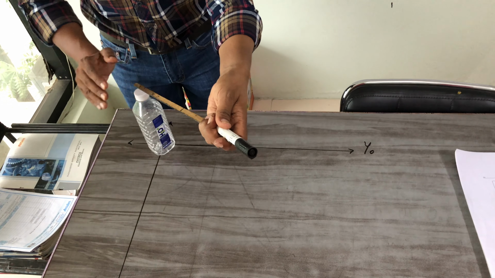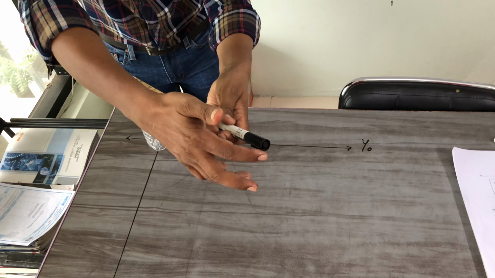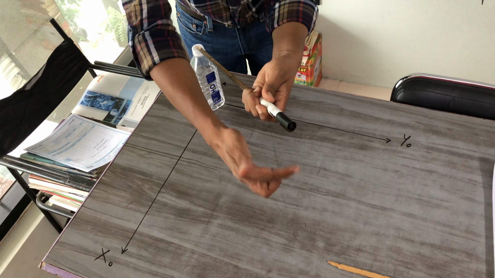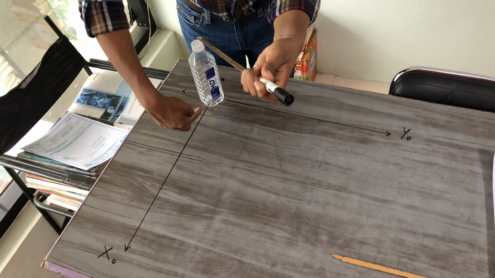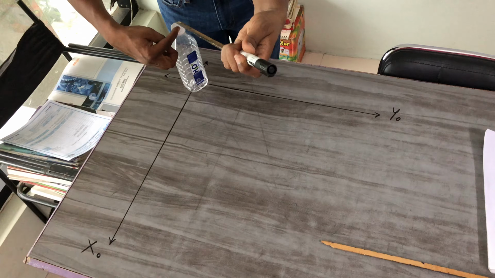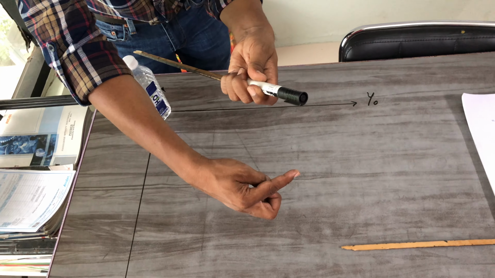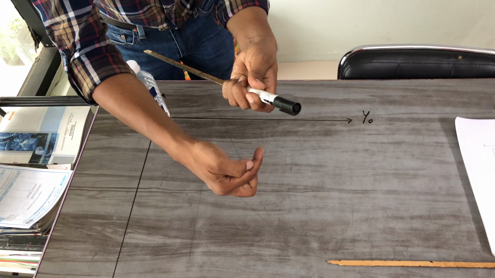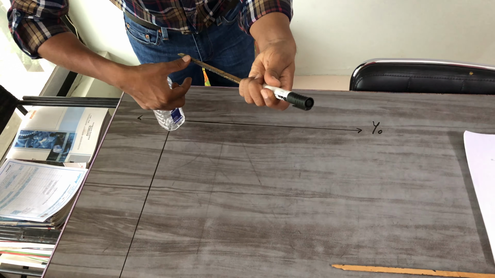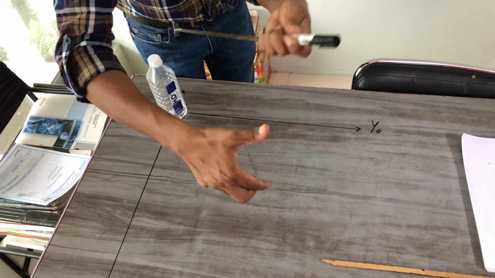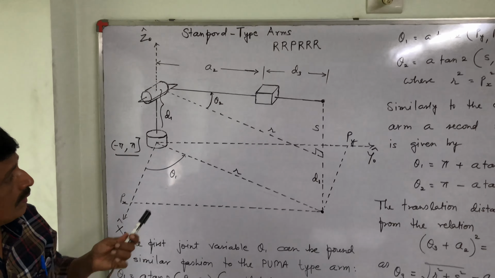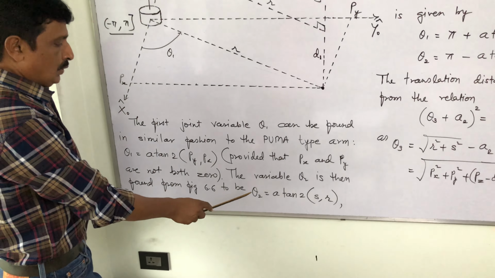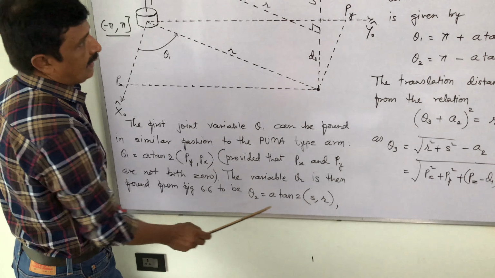This is the reach point px, py, pz. If we draw this projection, it is px square plus py square, r square, and this is also parallel to this, so this is r. This one is d1, and suppose this one is s, and this one is 90 degrees. So θ2 is s by r, so θ2 is arc tan 2 of s by r.